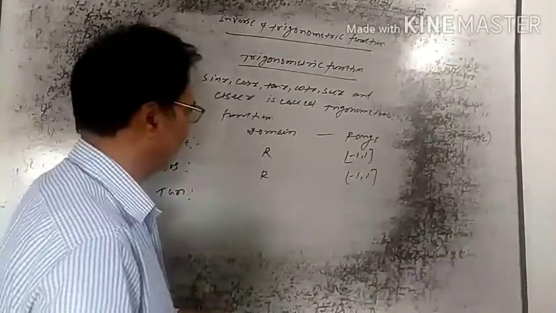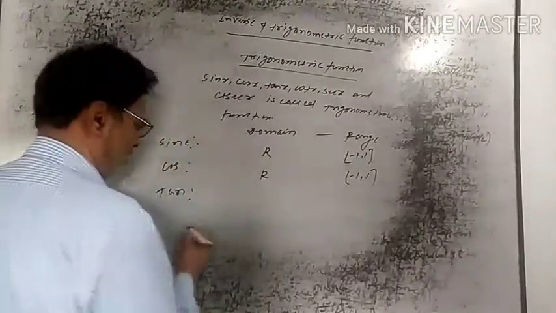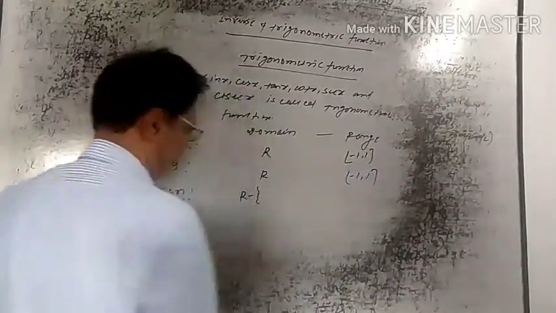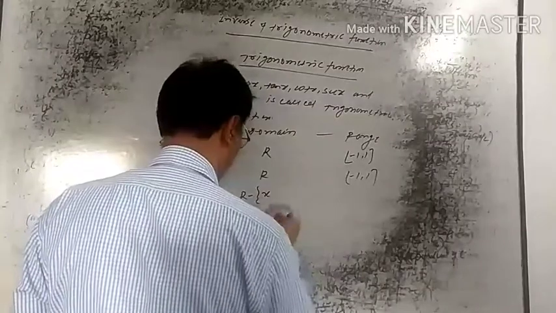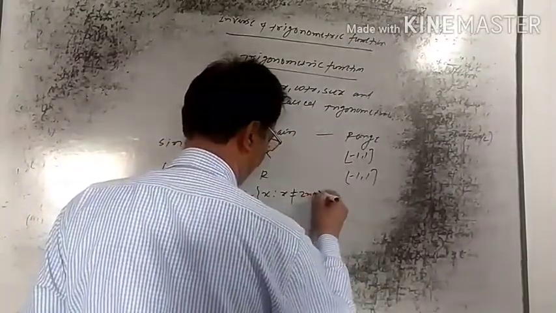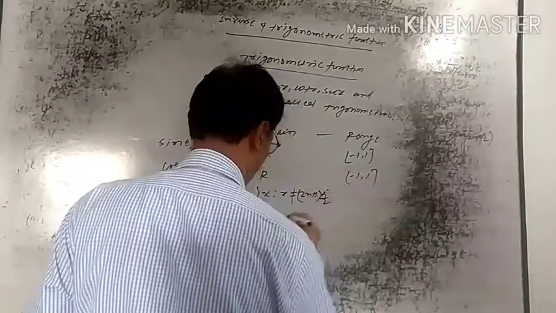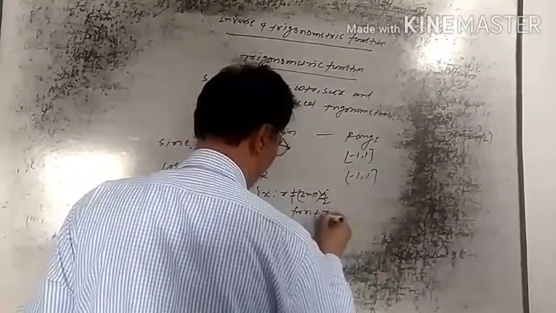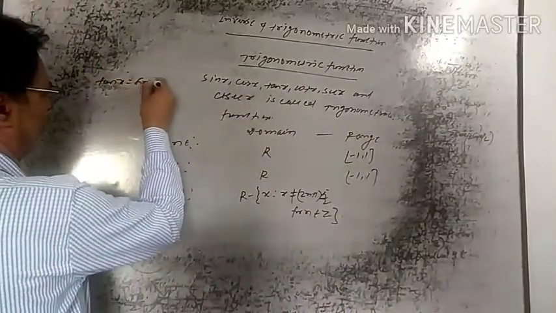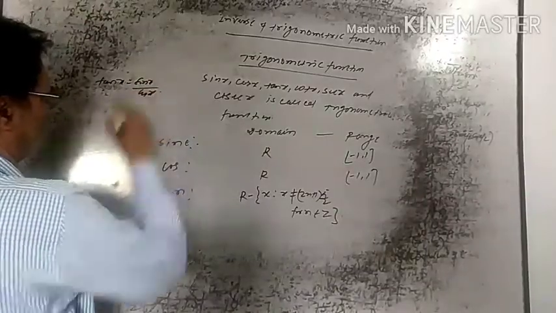The domain of tan function is R minus x such that x is not equal to (2n plus 1) pi by 2 for n belongs to Z, because tan x is equal to sin x by cos x.